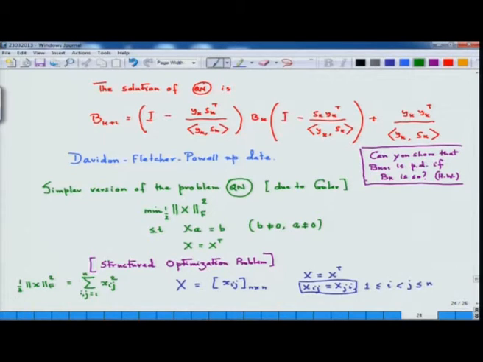Okay. So, how do I construct the Lagrangian of this, so that I can write down the Karush-Kuhn-Tucker conditions?